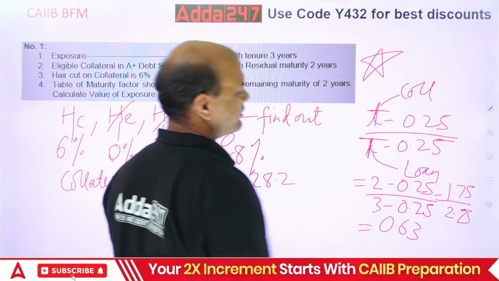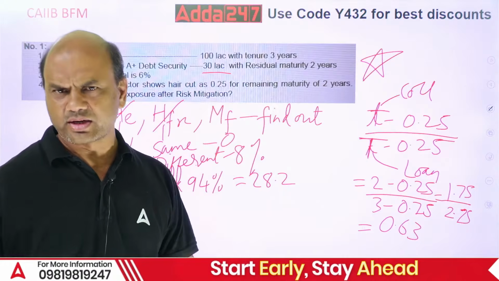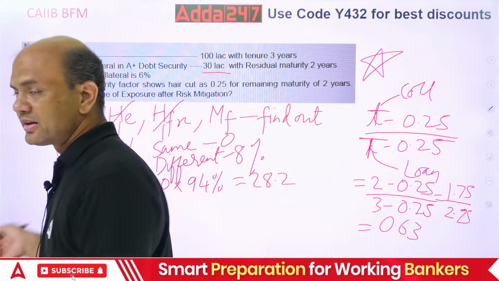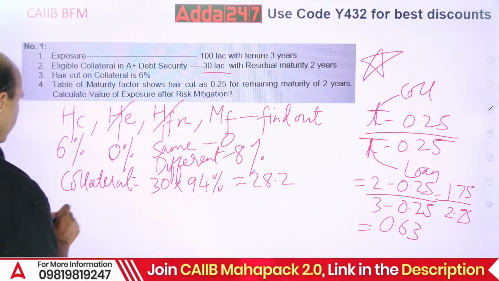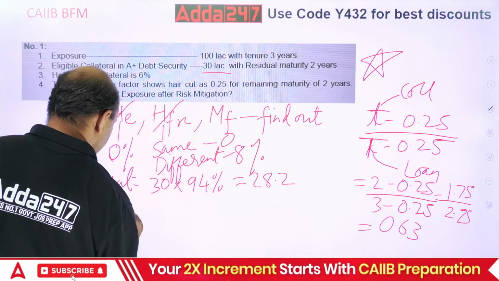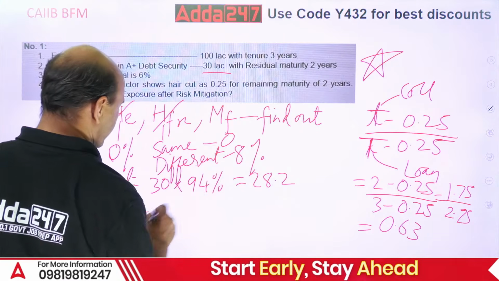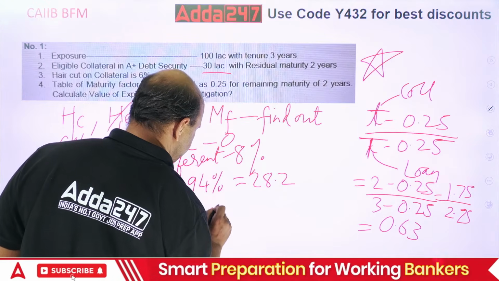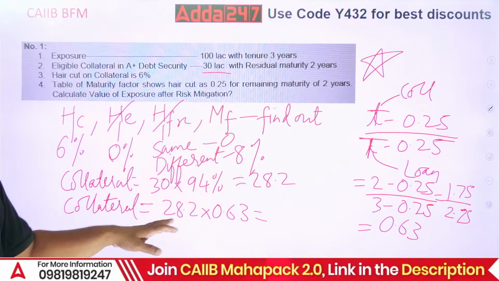So now what? Adjusted collateral into 0.63. Now take this. So what is my collateral? See, this was the first adjustment. This is the second adjustment now. So again collateral equals 28.2 into 0.63.